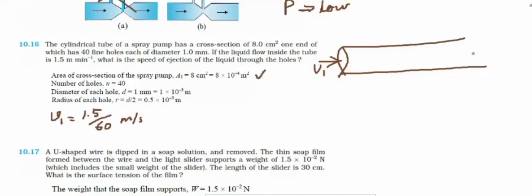Then you have to find, here we have 45 holes through which the liquid is coming out, and V2 you need to find out.